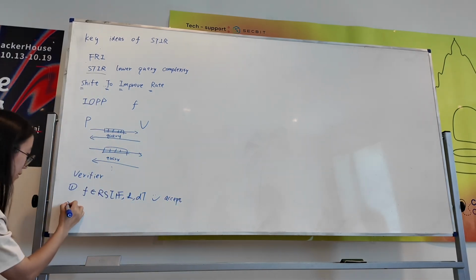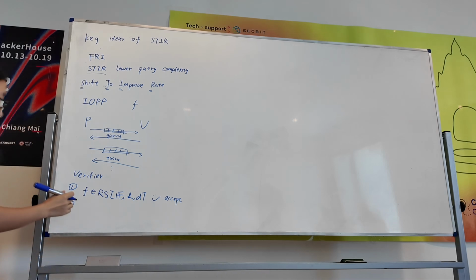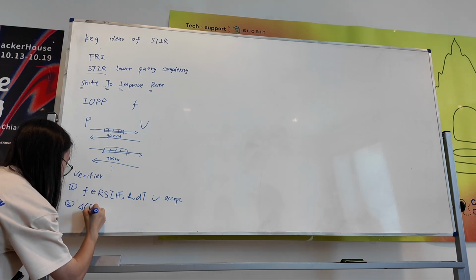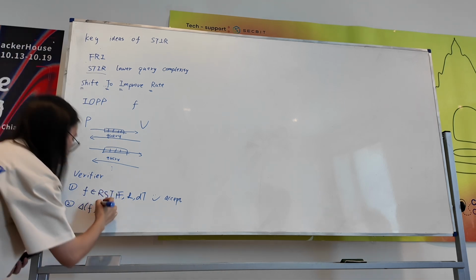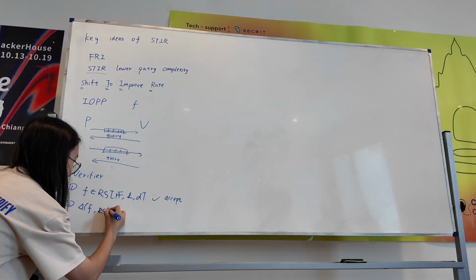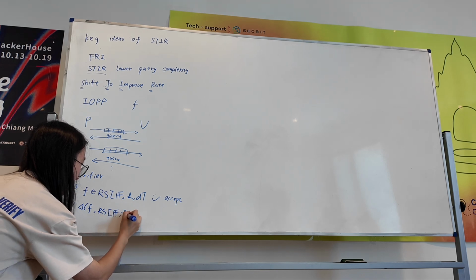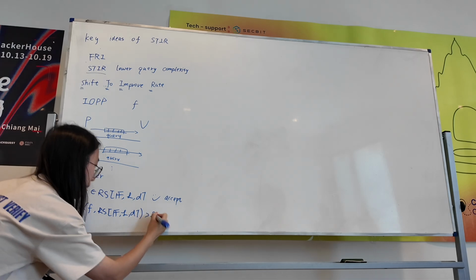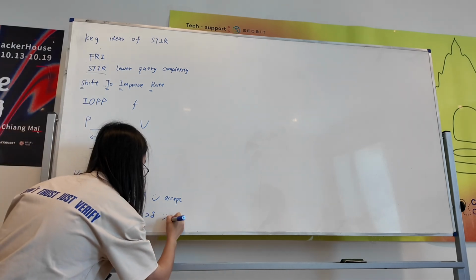And if he decides that f is far from the RS code, more than delta, he will reject.